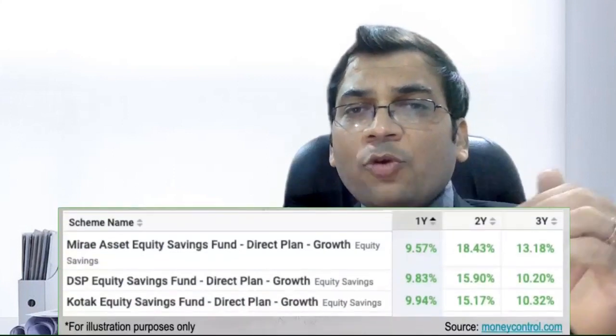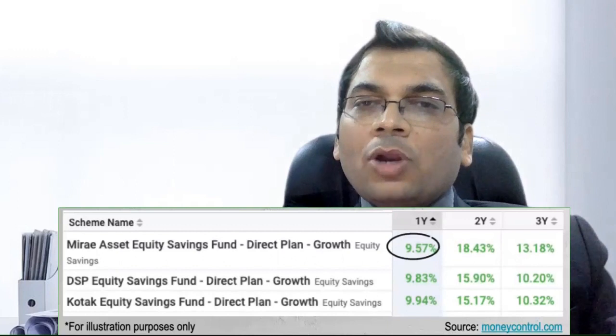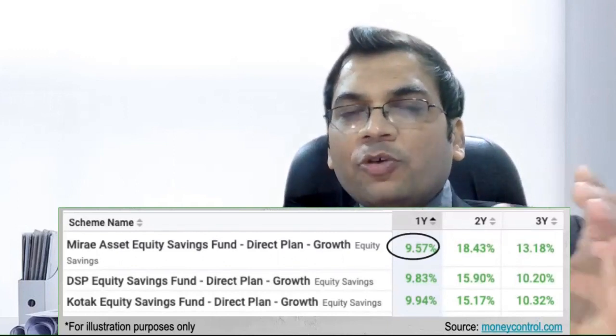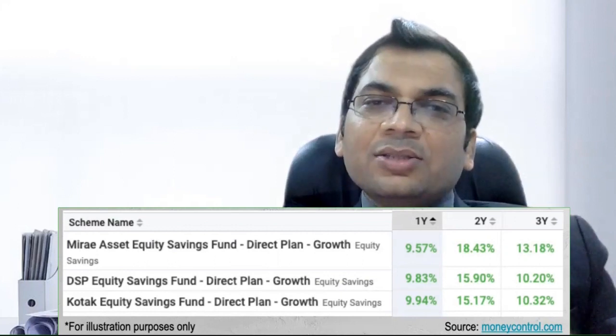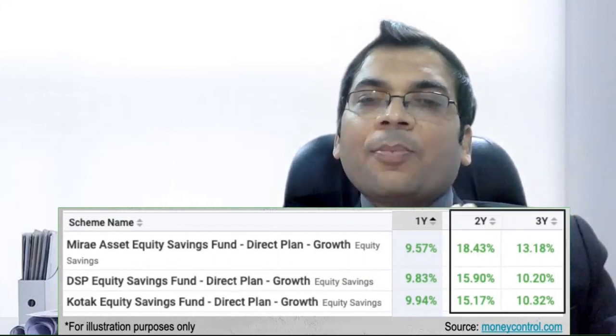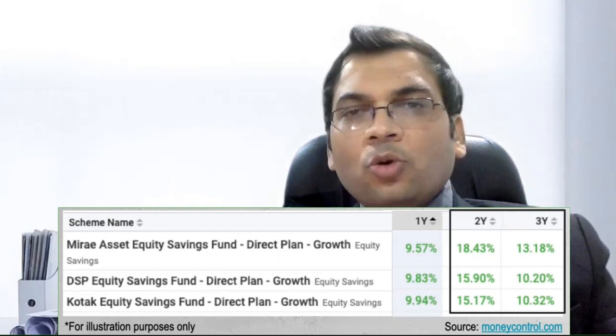So in our example on the screen, if you compare, you will see that although returns of Mirai asset for last 1 year are slightly lower than the other 2 funds, but if you see for the last 2 years and 3 years, returns of Mirai assets are higher as compared to other 2 funds. So you also have to see whether a particular fund has consistently given good returns.